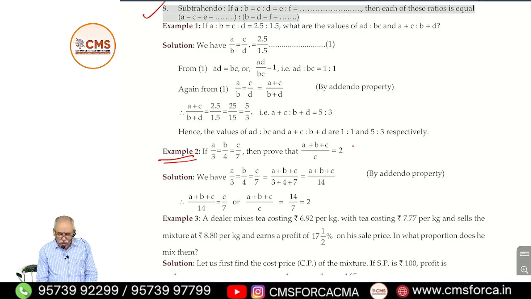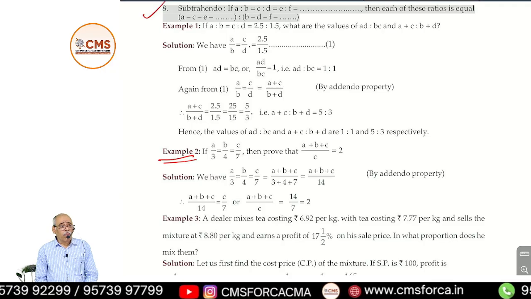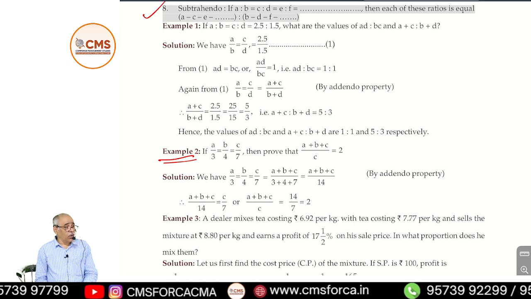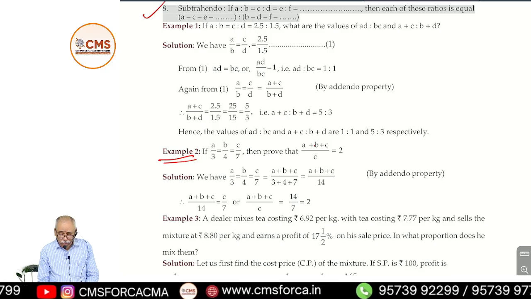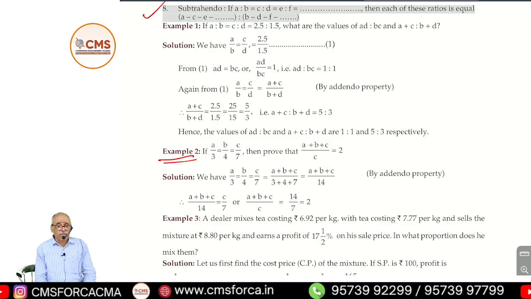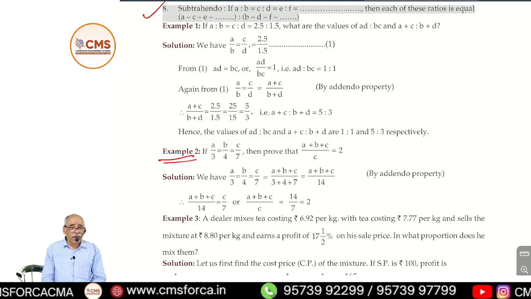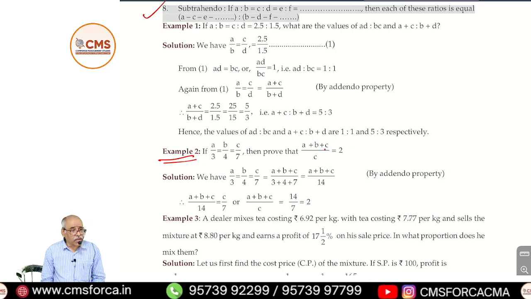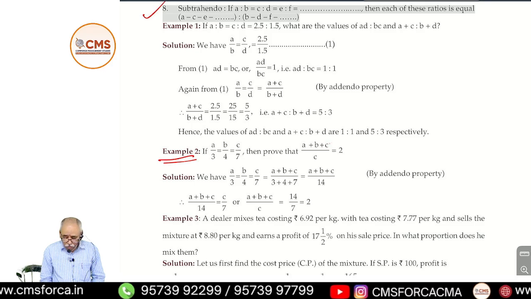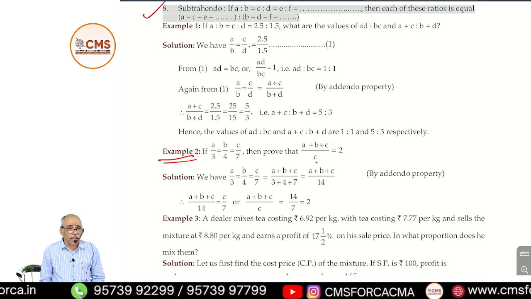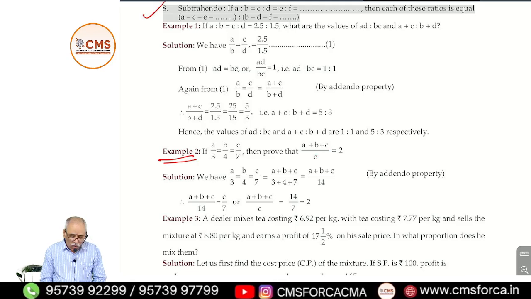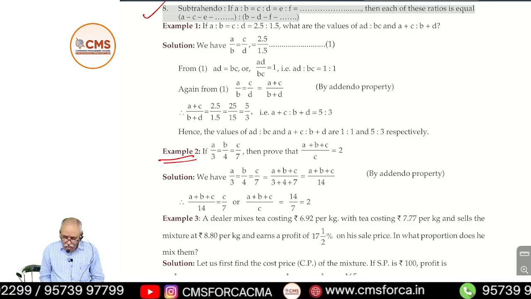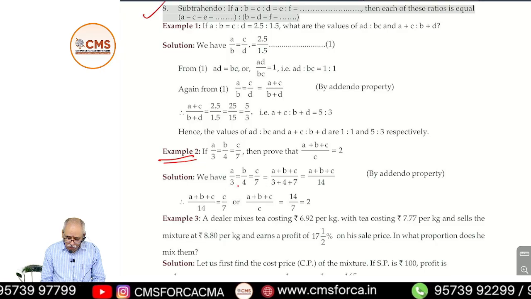Yesterday, in similar models, I said equal degrees of numerator and denominator. a plus b plus c, all are having power 1. Denominator c power also 1. Both degrees are same. That is why we say that it is homogeneous.